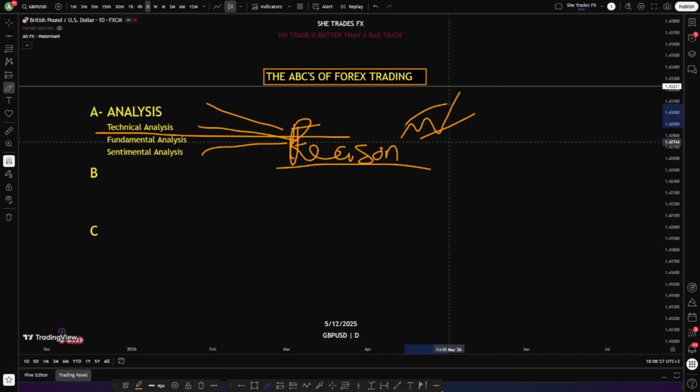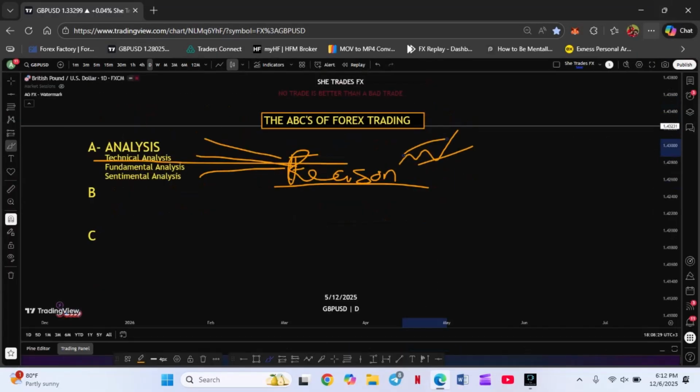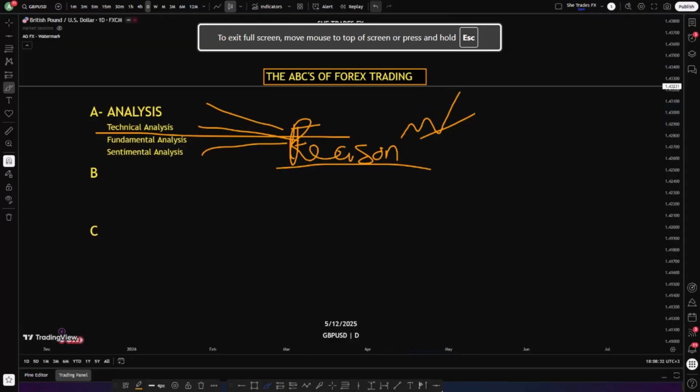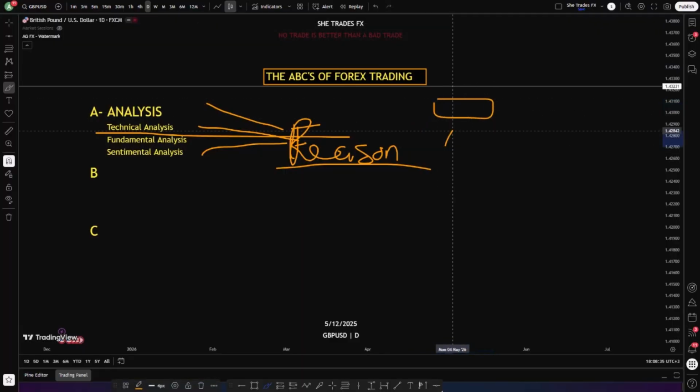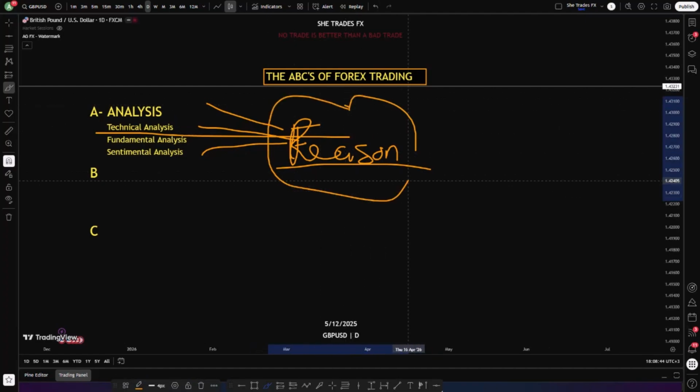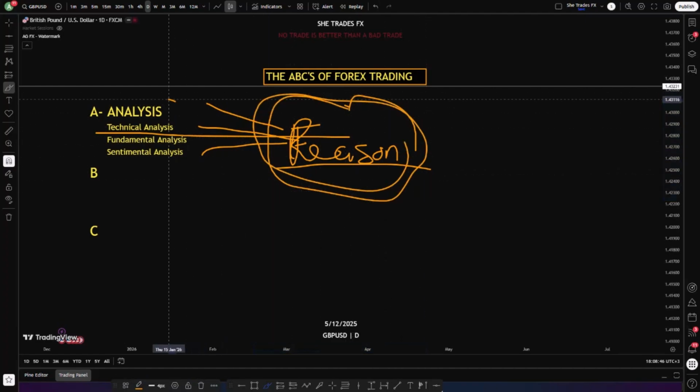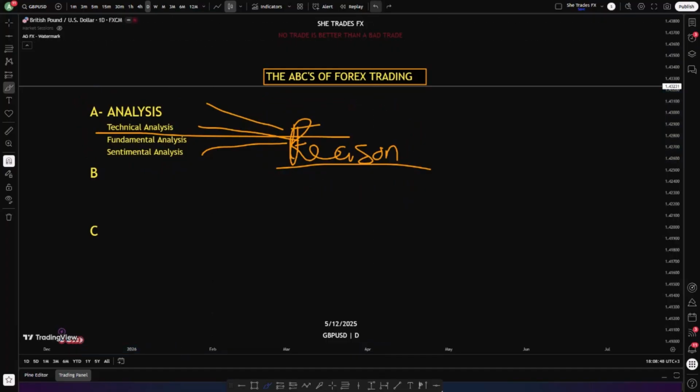Or people that trade BTMM, beat the market maker. Price is reaching our, I'm forgetting what that box is called. Is it a stop hunt box? I cannot remember. So your analysis basically gives you reason as to why you are entering the markets, all right?